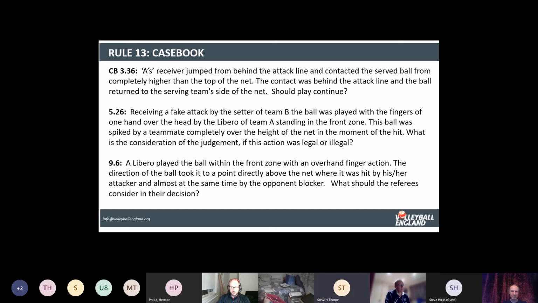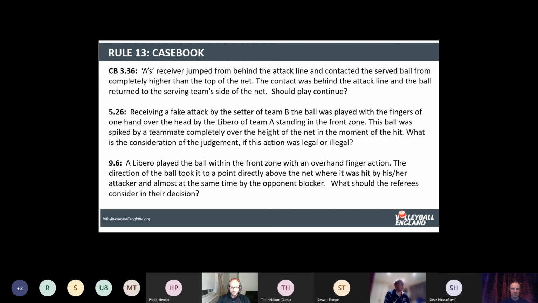In the front zone. If the ball is in the front zone, this is a fault. Remember that because it's a service, when attacking the service it's the position of the ball. The ball has to be in the front zone, and entirely higher than the top of the net for this to be a fault.